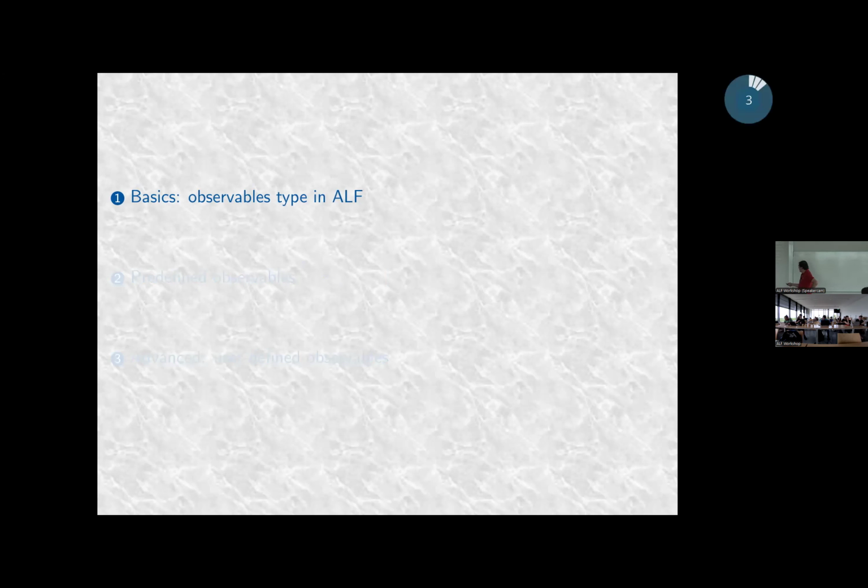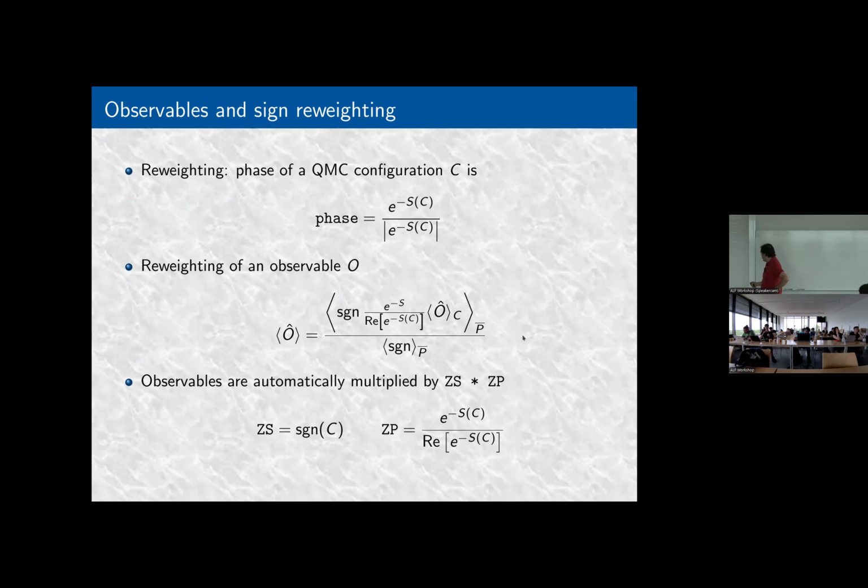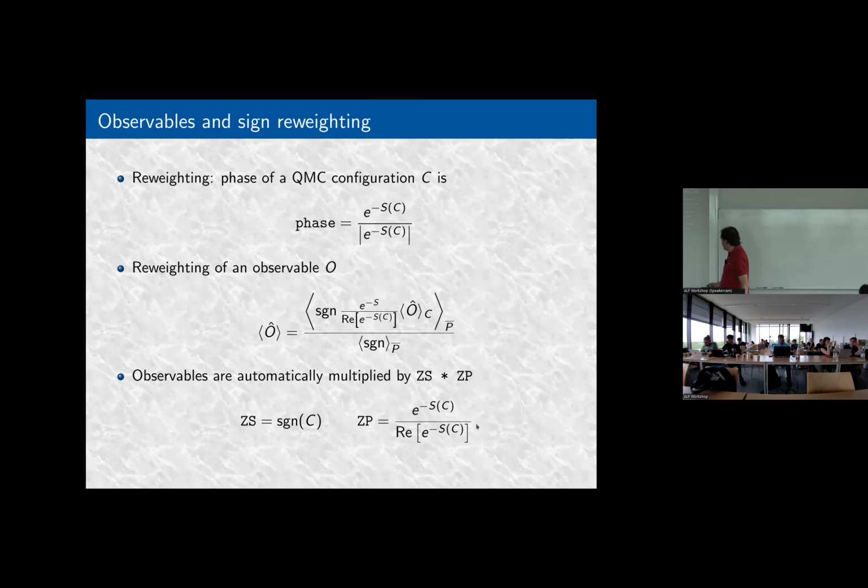So let's move to the first point, the observable type in the ALF package. You have probably seen in the previous lectures that generically we compute the expectation value of an observable by averaging over the Monte Carlo measurements, and this average, in case the model has a sign problem, is automatically reweighted over the possible sign and phase that the QMC configuration might have.